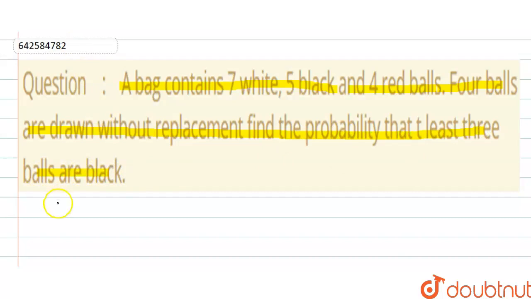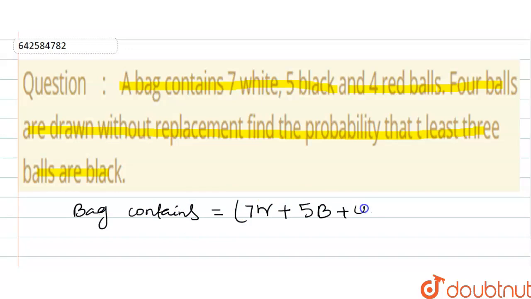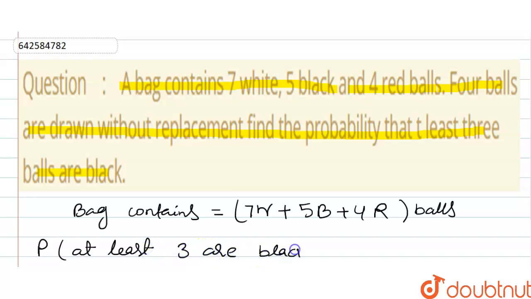So we have a bag that contains 7 white, 5 black, and 4 red balls. We have to find out the probability that at least 3 are black.